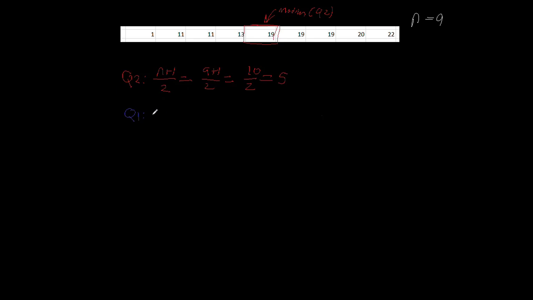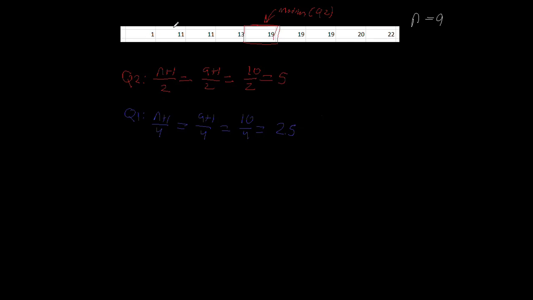So let's do Q1. Q1, we said, was (n+1)/4, which is (9+1)/4, which is 10/4, which is 2.5. Now, as we said before, when you have a fraction as the observation number, you have to take the average.